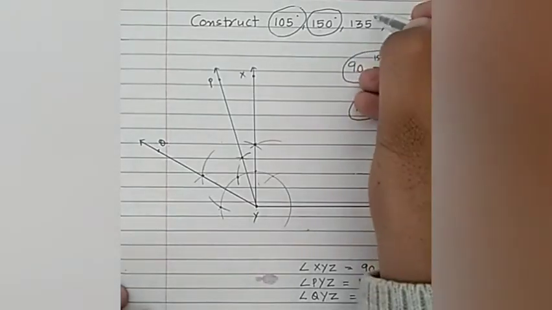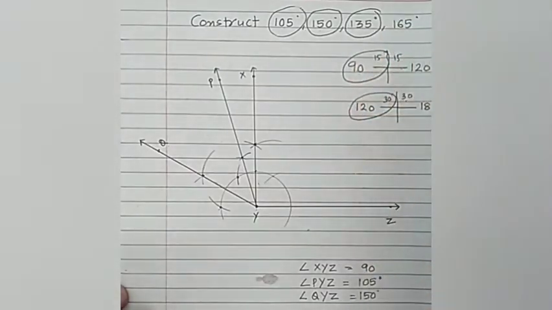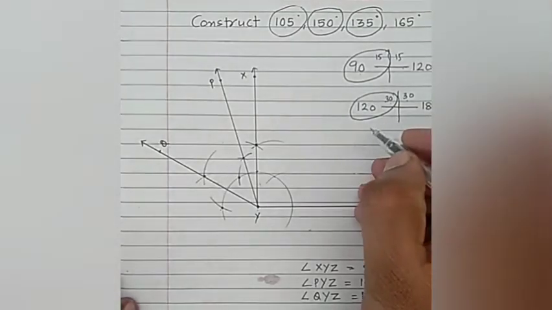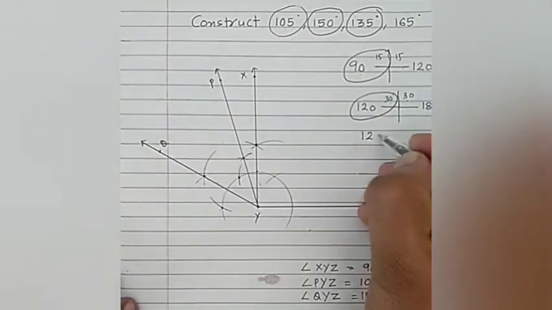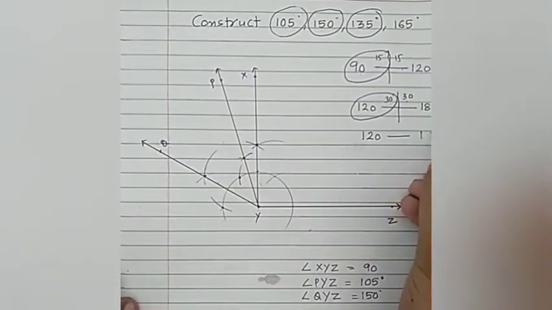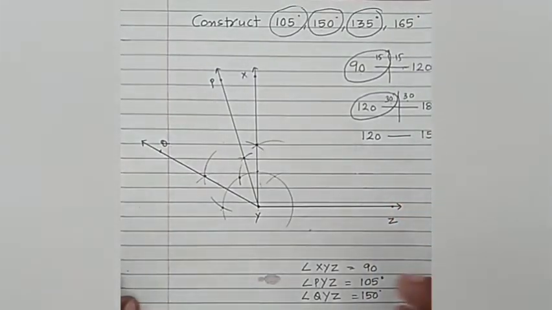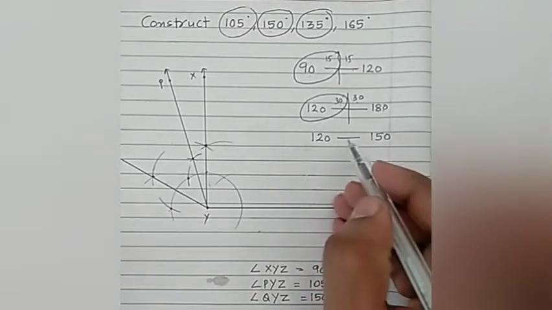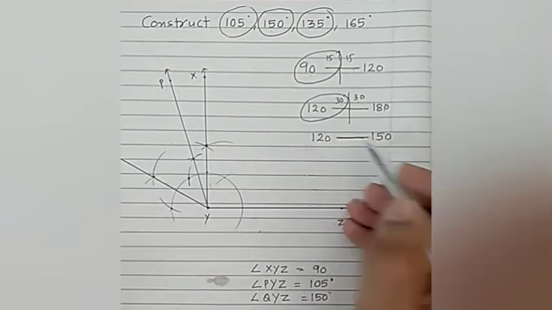Now can you tell me where would I get my 135 degree? Any idea? Yes, 135 would be between 120 and 150. Isn't it? Now, what is the distance between 120 and 150? The distance is 30.